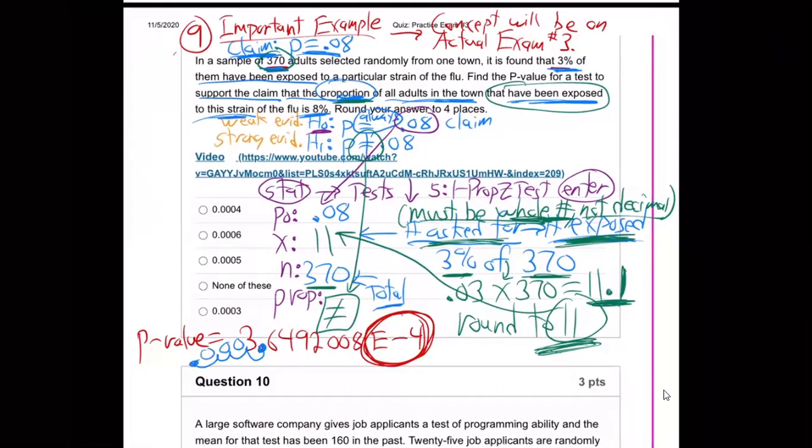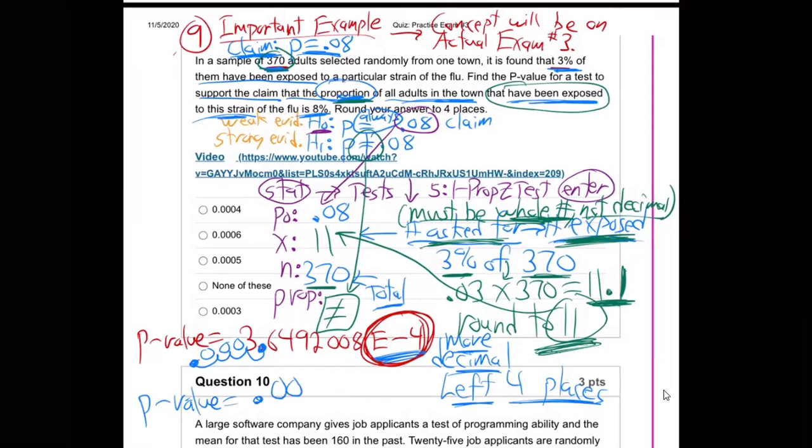Those all bring in zeros, don't they? See how I moved back 4 places? E minus 4, we move the decimal left 4 places. That's what the negative is. The negative means move left. Move left 4 places.